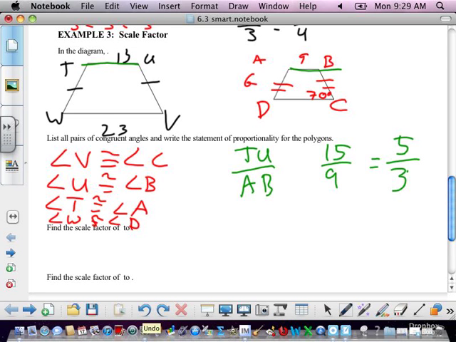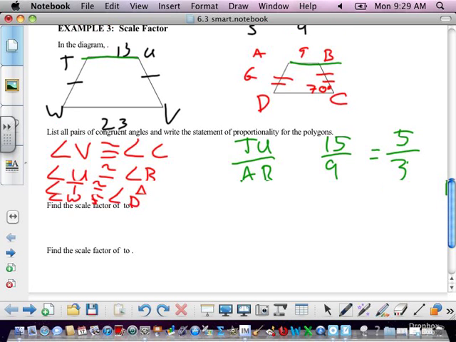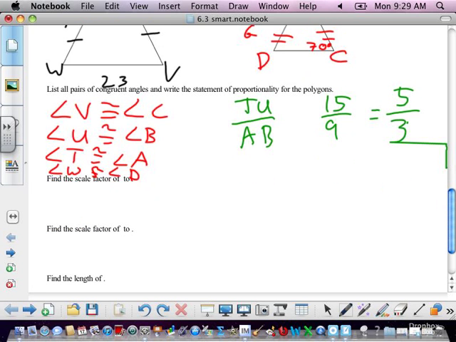So when we find the scale factor from ABCD to TUVW, when I go from the big one to the little one, what do I do? Do I times it by 5 and divide it by 3? Would that work? 15 times 5 divided by 3, would that give me 9?